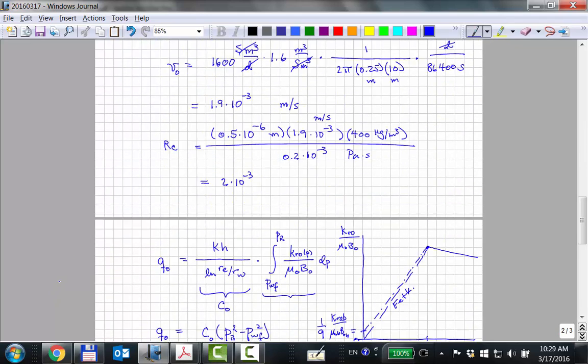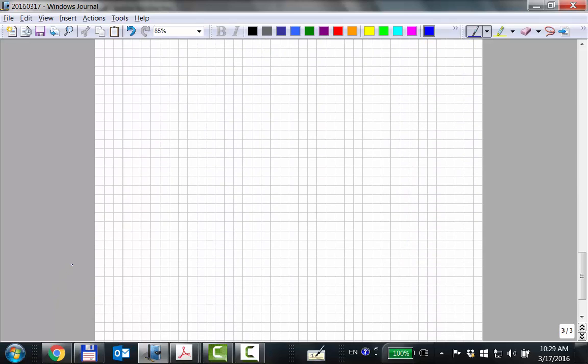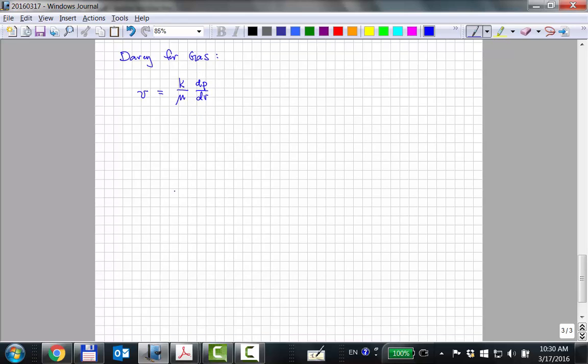Okay, so now let's move to using Darcy for gas, and the radial geometry, cylindrical radial geometry.